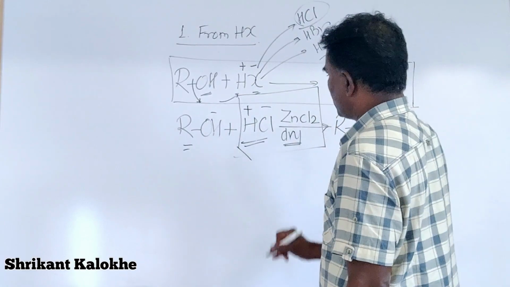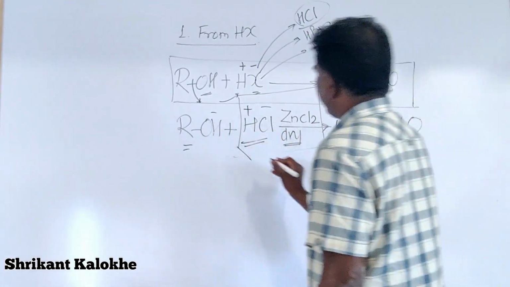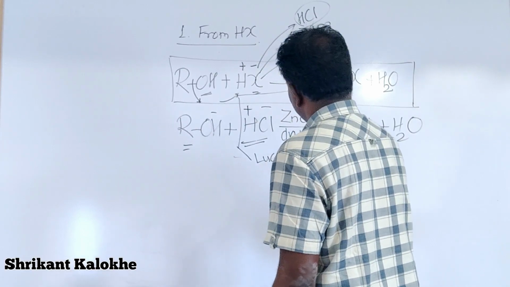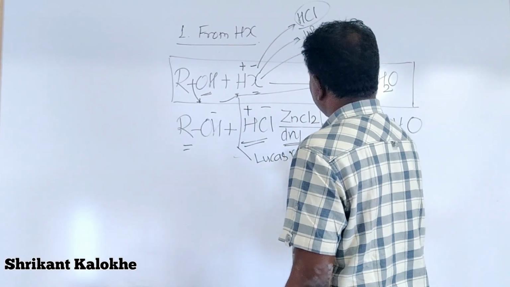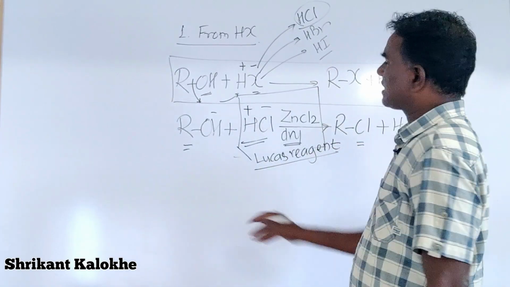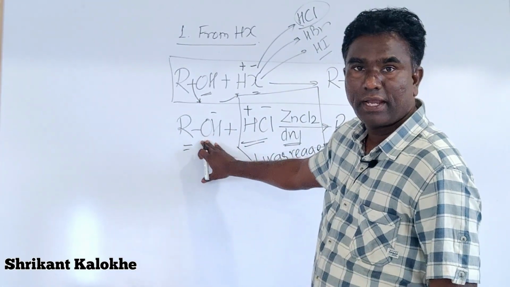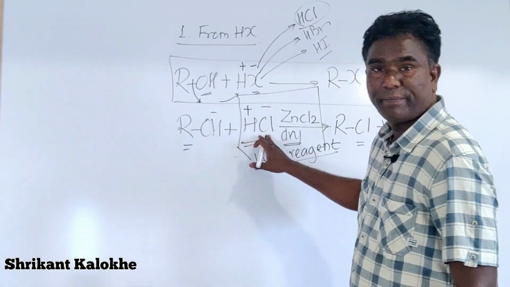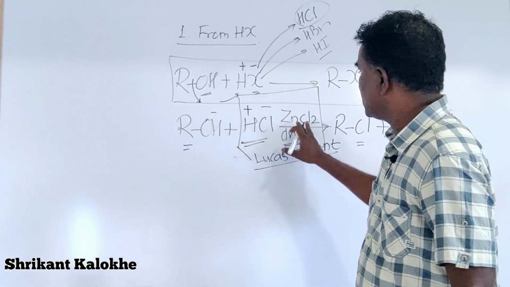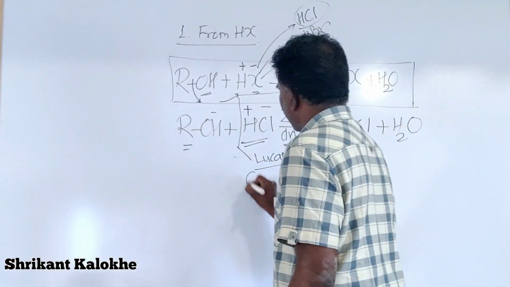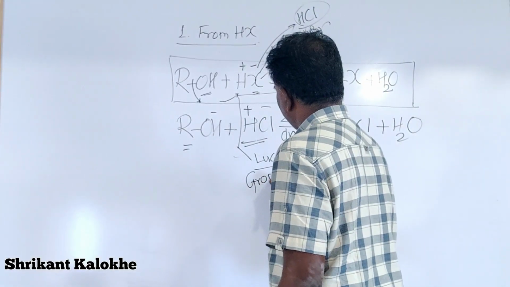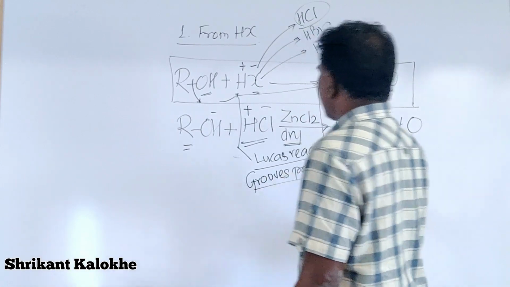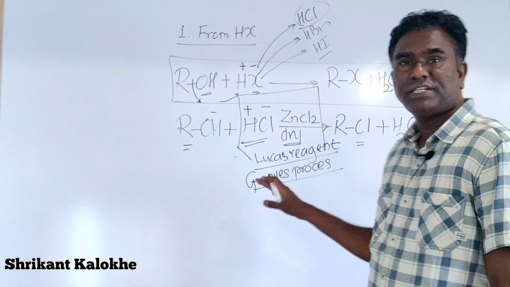Therefore, this mixture of HCl and zinc chloride is known as Lucas reagent. The process of conversion of alcohol into alkyl chlorides by treating them with the mixture of HCl and zinc chloride is known as Groves process. Now our reaction is complete.